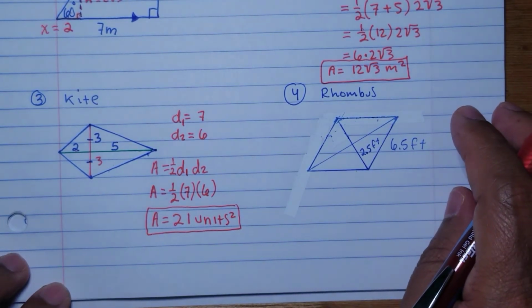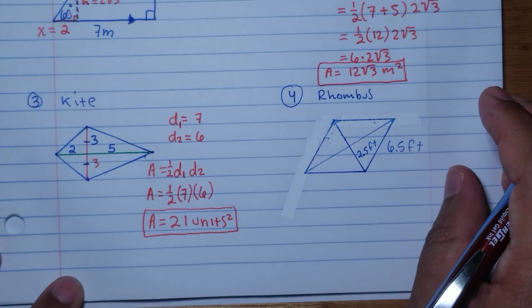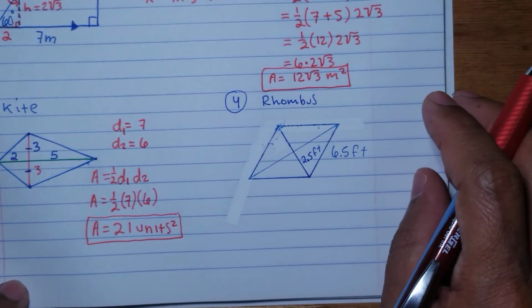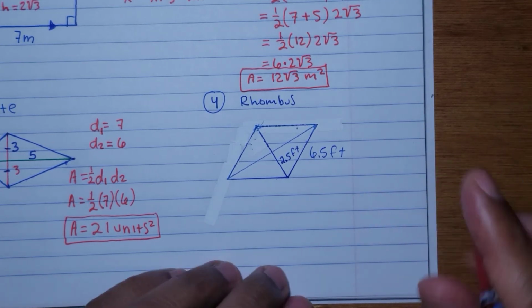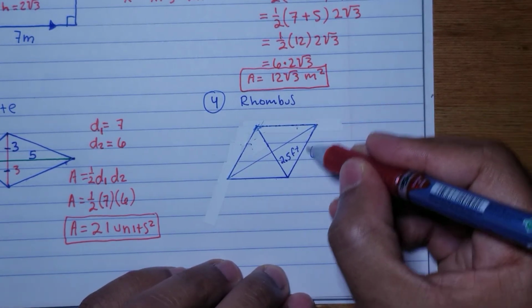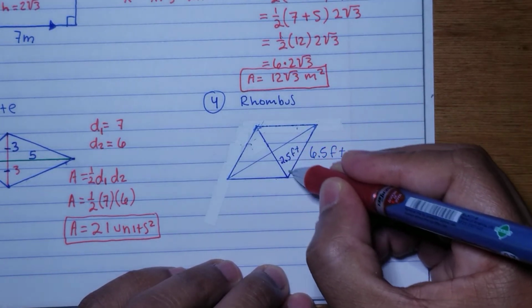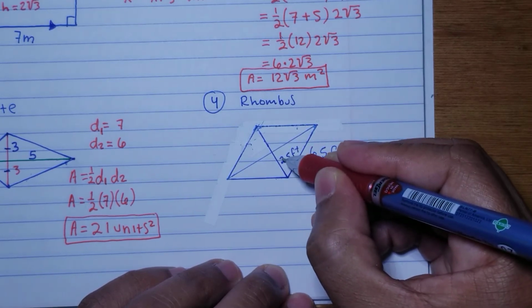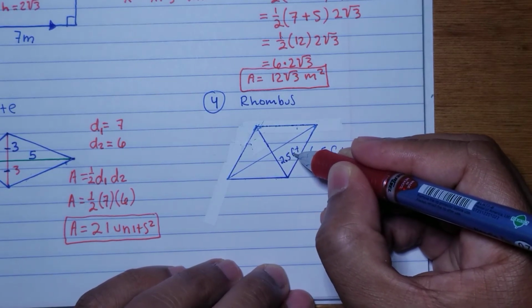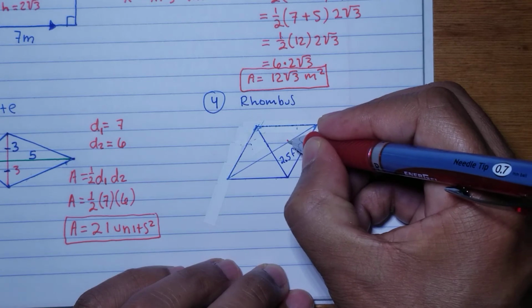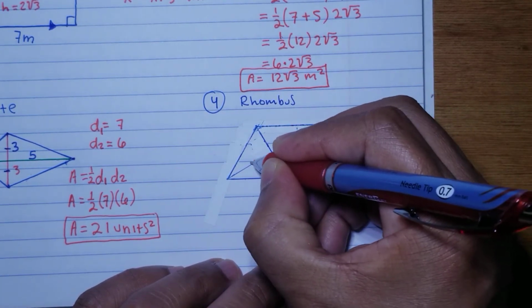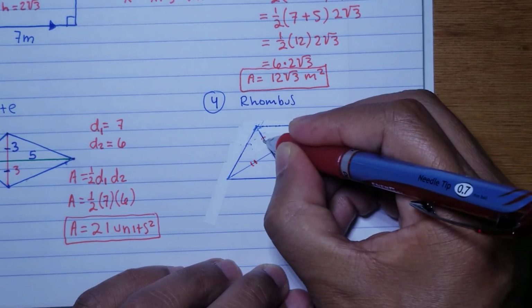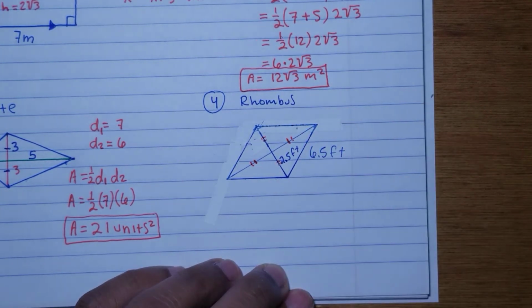So let's go to the next problem, which is a rhombus. Okay, now this one here, again, they just give us this side and this segment here. But on a rhombus, don't forget that this one is equal to this one here, and these two are also equal.